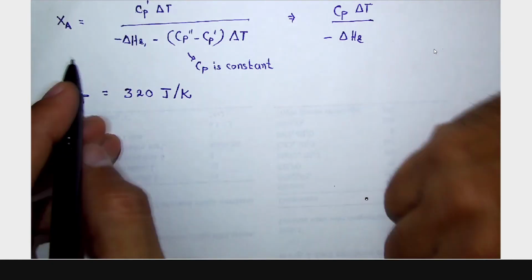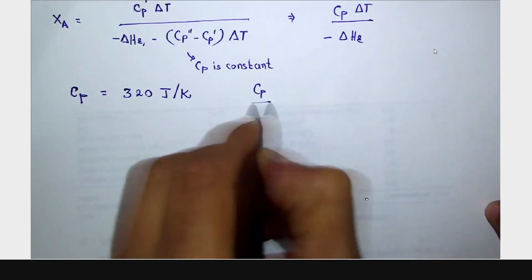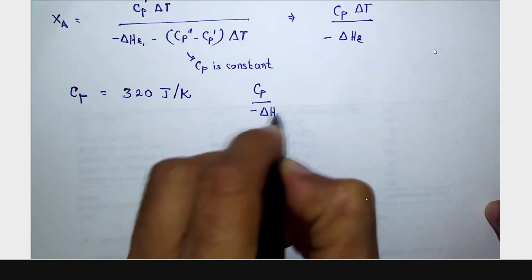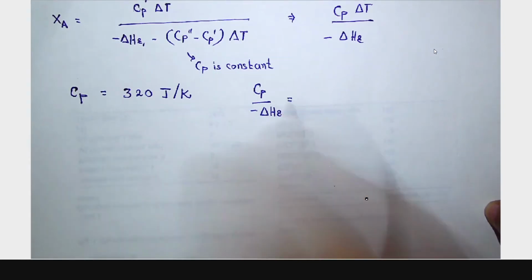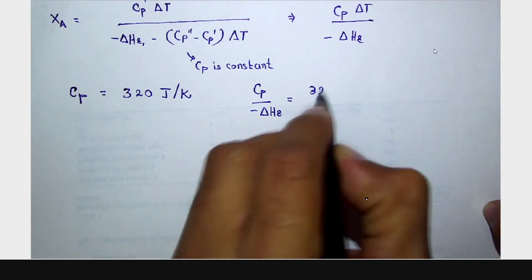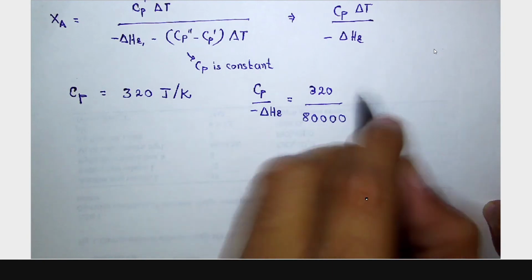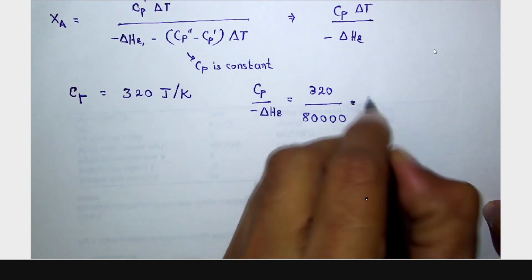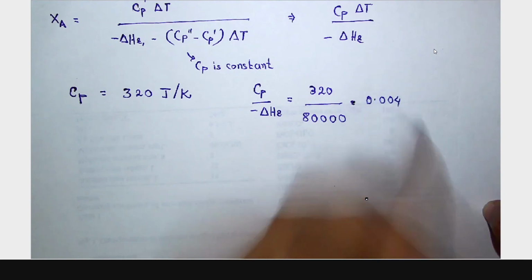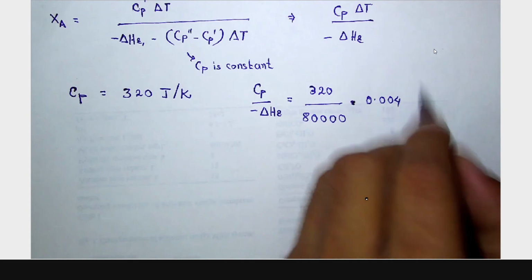So the slope is Cp upon minus delta HR, which is 1 upon 2.